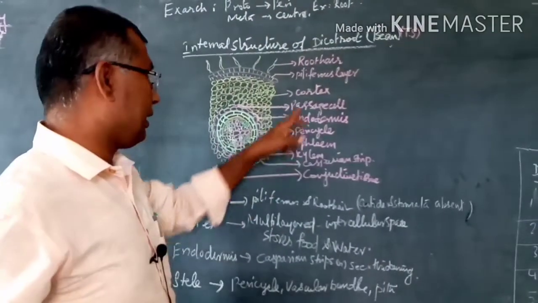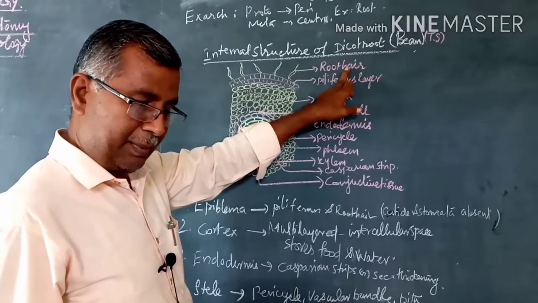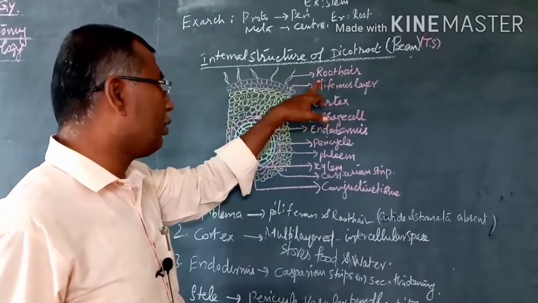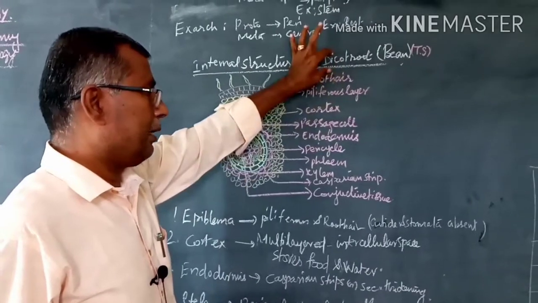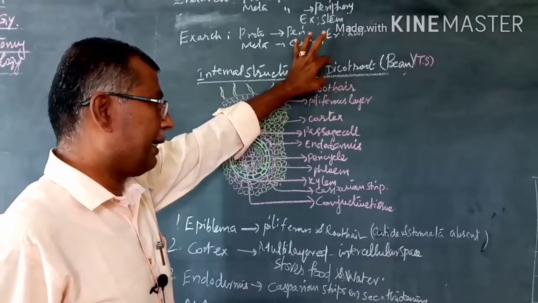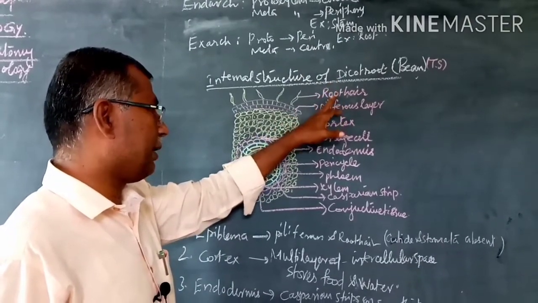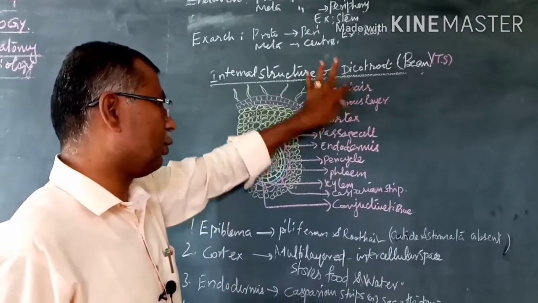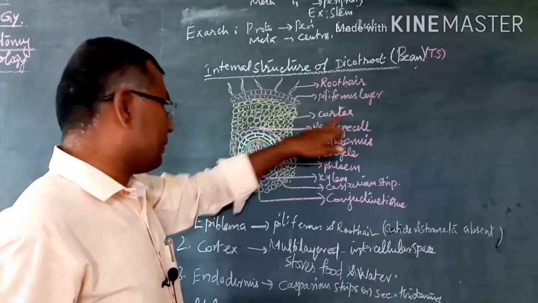Here unicellular root hairs are present in the epiblema. Stomata and cuticle are absent. Generally in roots there will be no stomata and cuticle. Understand? The root hair and piliferous layer constitute the epiblema.